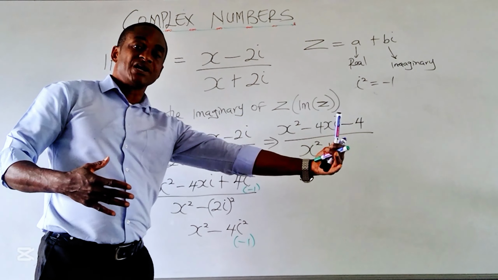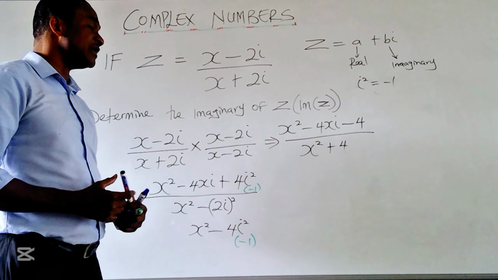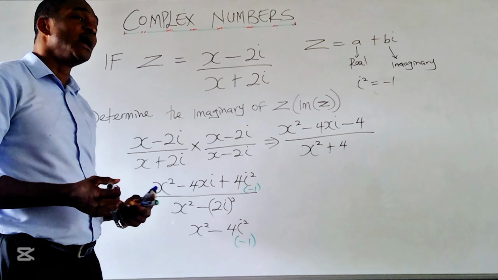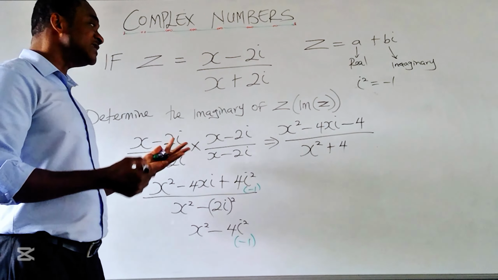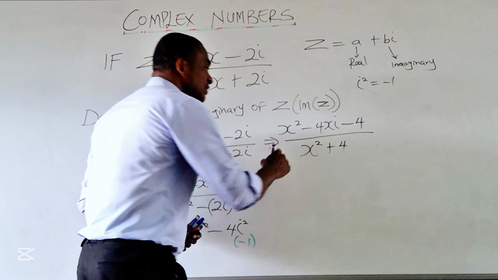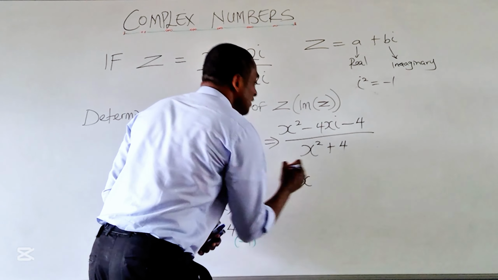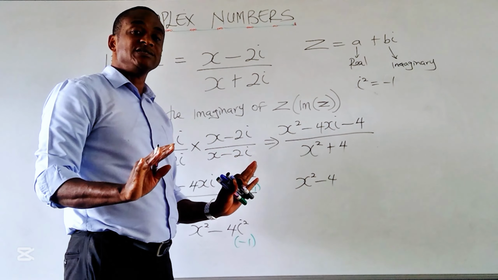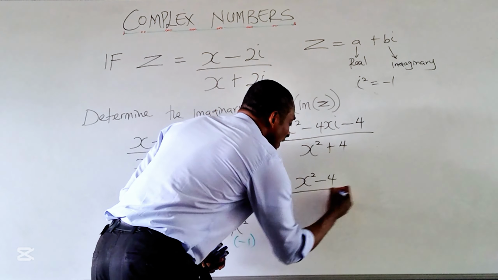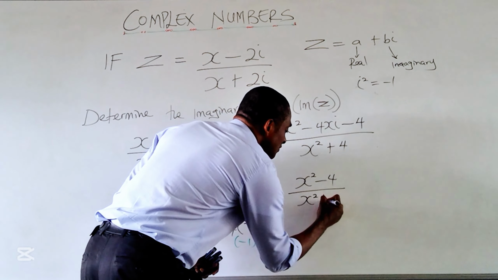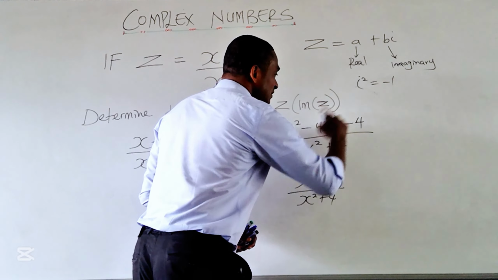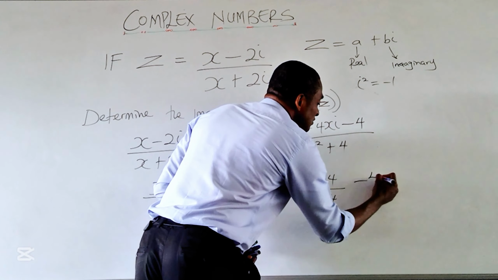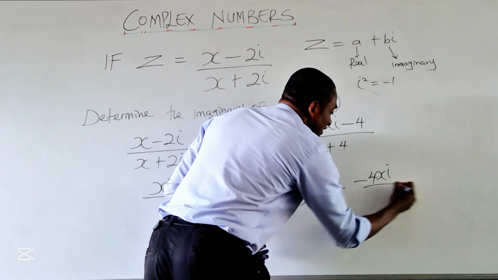What do we do? We take the imaginary to imaginary, and keep the real to real. The imaginary are the ones that have i in them, and the denominator, both of them will share. So here we have x squared minus 4, which has no element of imaginary in it. We allocate the denominator to it. Then we have minus 4xi as our imaginary.